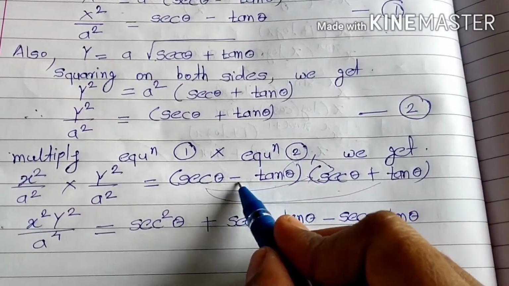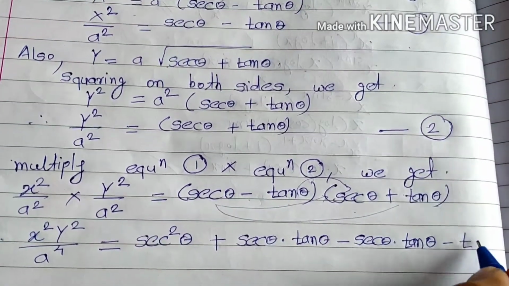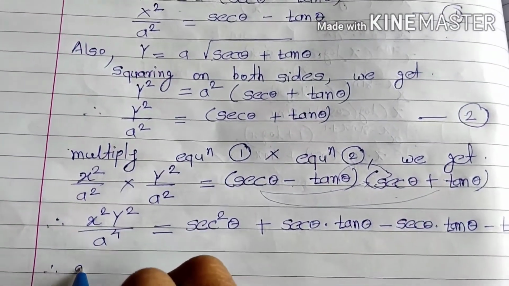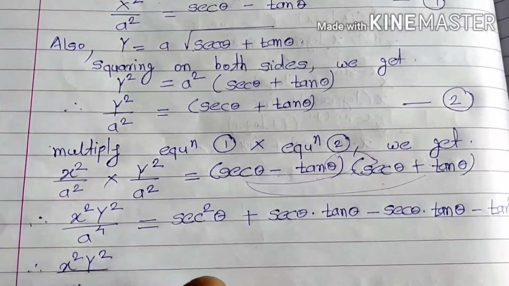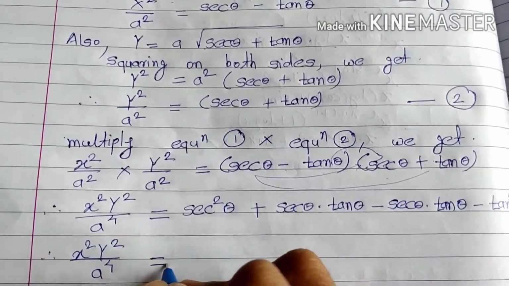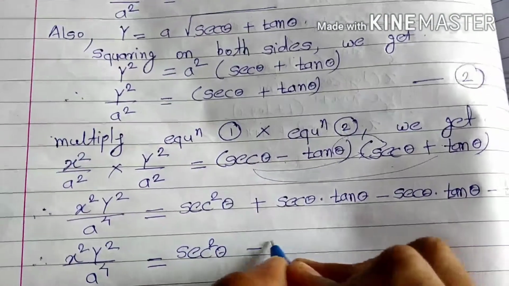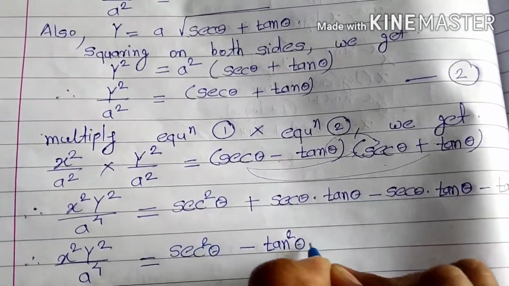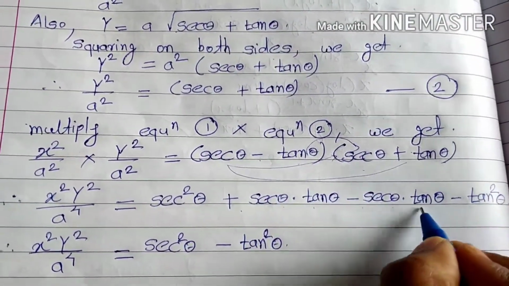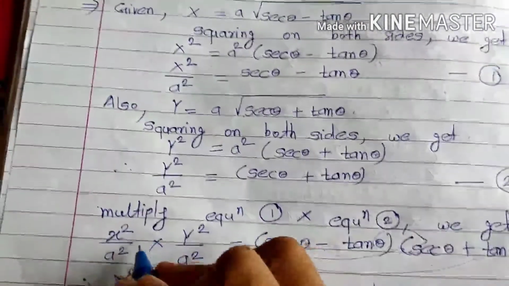And last, minus times plus becomes minus, tan theta into tan theta, so it becomes tan square theta. So we get x square into y square upon a raised to 4 is equal to sec square theta minus tan square theta, because plus sec theta into tan theta and minus sec theta into tan theta cancel. Here it is capital X square, sorry for the mistake.